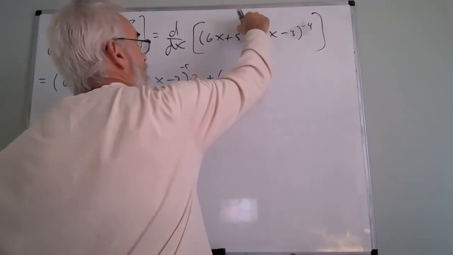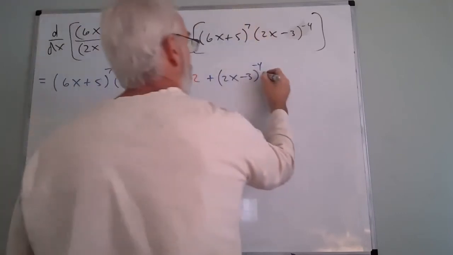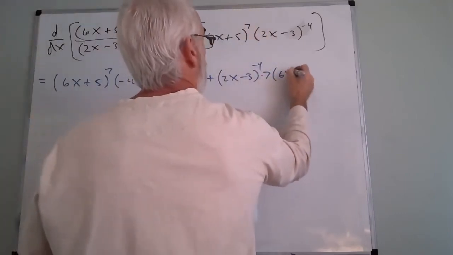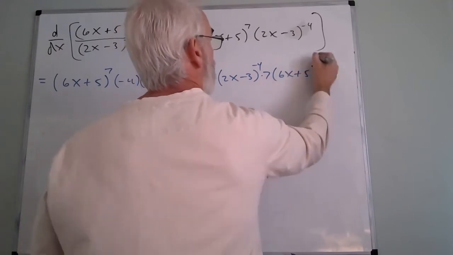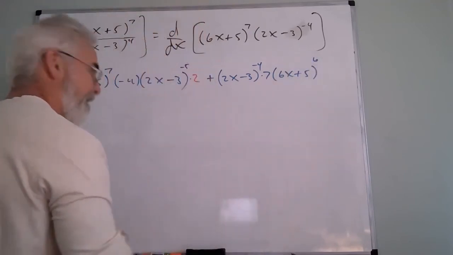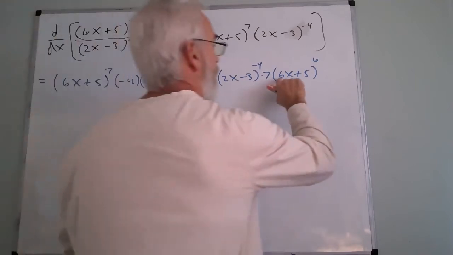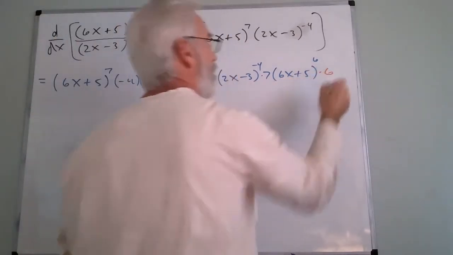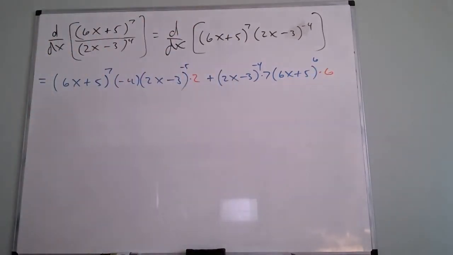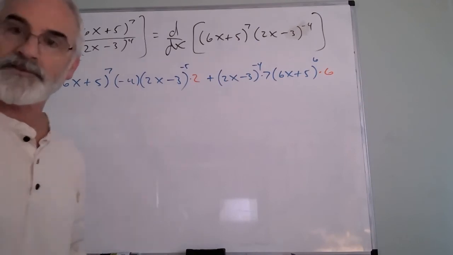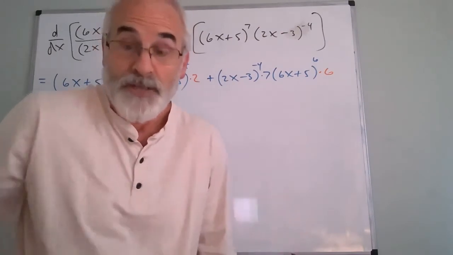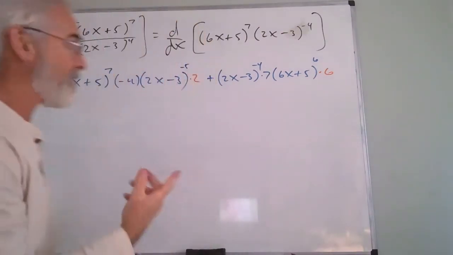Well, let's see, I have thing to the 7th, so that'll be 7 thing to the 7 minus 1 times the derivative of thing. Now, believe it or not, folks, we are completely finished with the calculus. We just took the entire derivative.